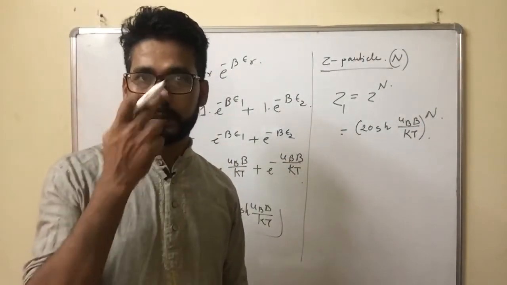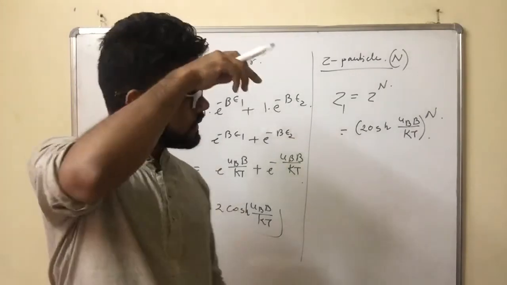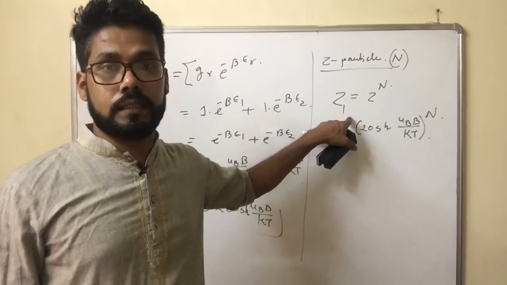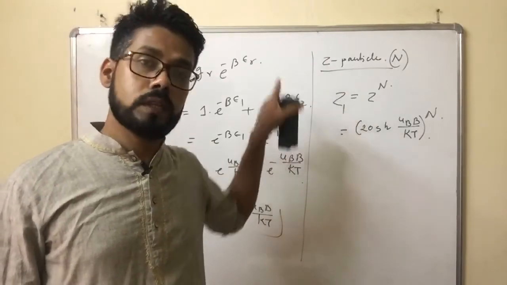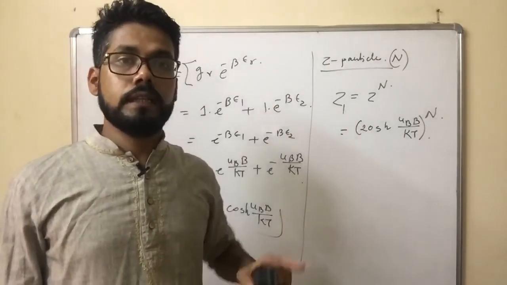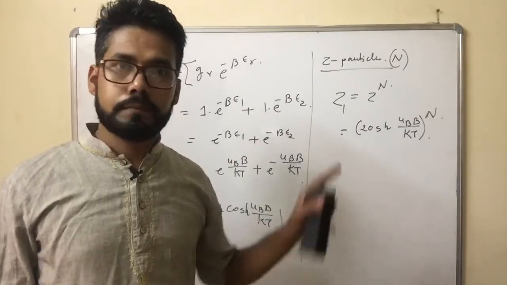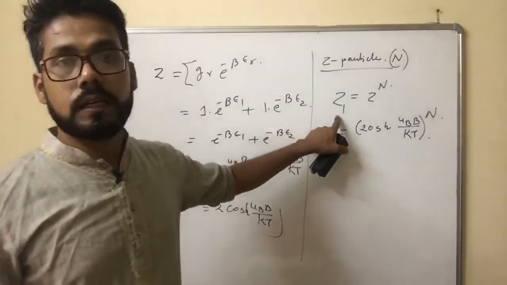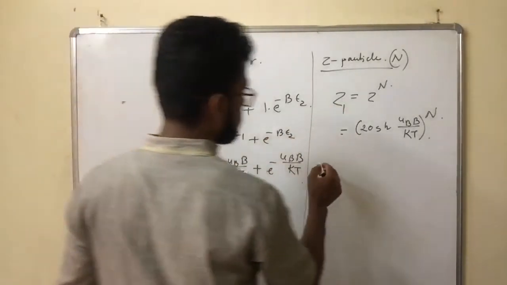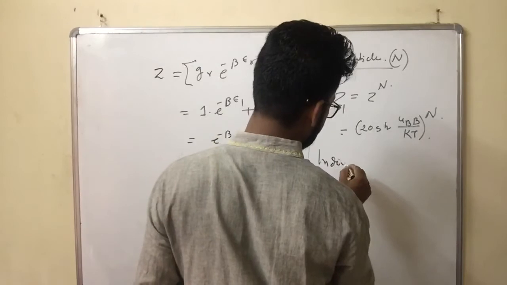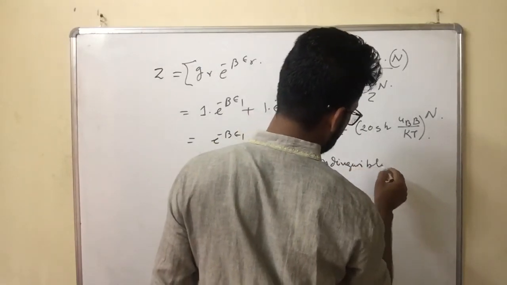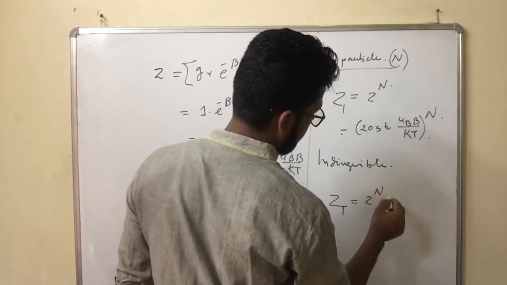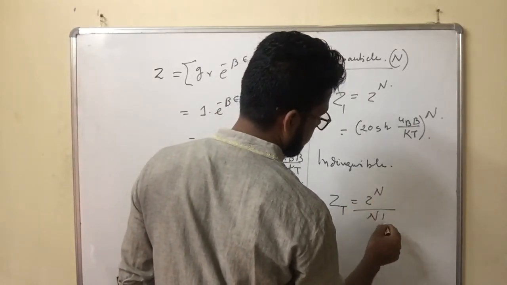Okay, do not confuse. Now I modify the question. This is the partition function for distinguishable particles. I have not mentioned here distinguishable or indistinguishable. For indistinguishable particles, the total partition function equals z to the power n divided by factorial n.